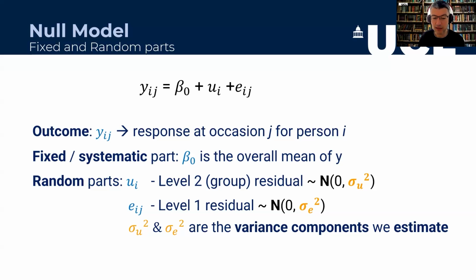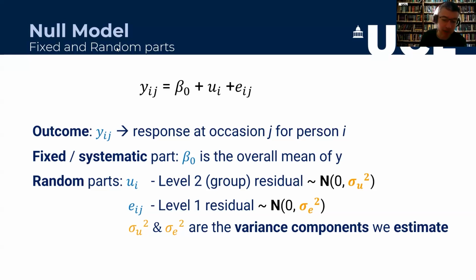So at the moment, I'm just telling you, this is the data that we have for a certain outcome, and we can check by looking at what we call the null model, how much of the residuals is attributable to country level differences or person level differences. So in this null model, even without accounting for any covariates, we can already see that there are two parts in the model that are the fixed and the random parts.